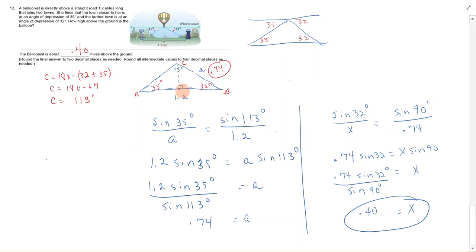So now we're going to focus on this little triangle in here. Sine of 32 degrees over this, I'm going to call this X, is equal to sine of 90, this angle, over 0.74. When we do all that, we solve and we get X equals 0.40.